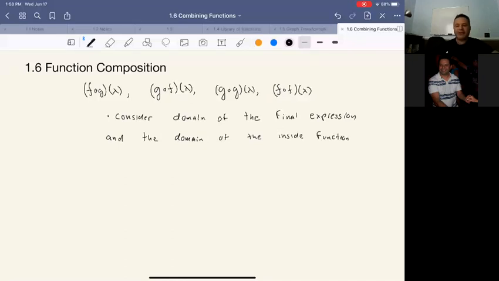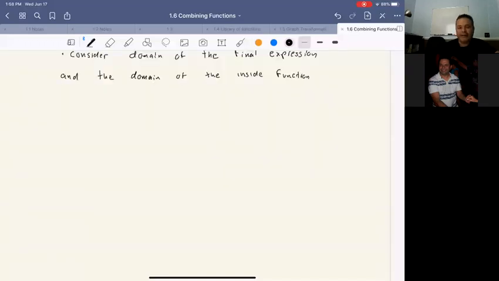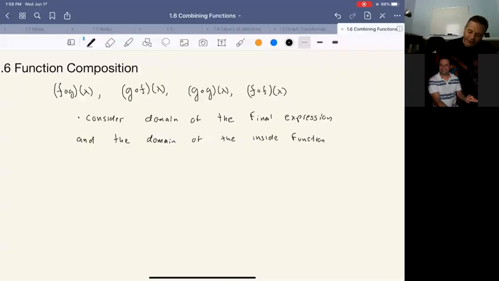So you have to consider the domain of the final expression and the domain of the inside function. Okay, so let's do a couple examples. Let's start with one where we don't really have domain issues.